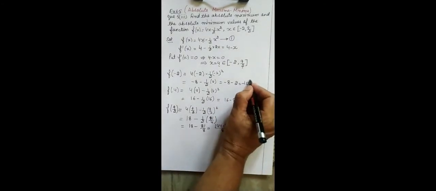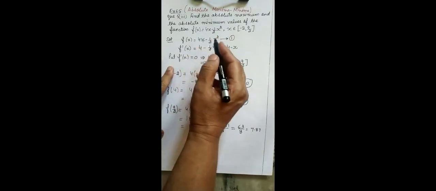So now out of these 3 values, I have to check which is the largest value and which is the smallest value. So this is very much clear that this is the smallest value and obviously this is the largest value. So in my question, I have to just find the absolute maximum and absolute minimum values.